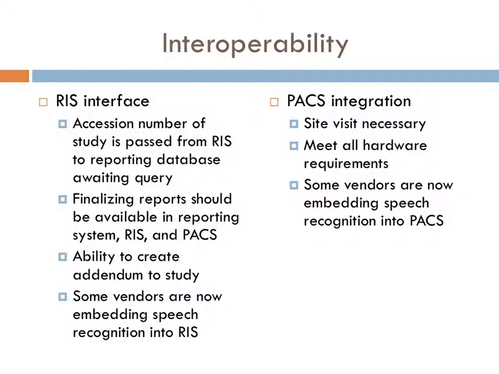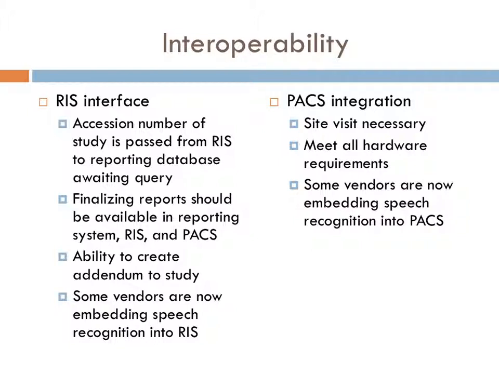The accession number of the study is passed from RIS to the reporting database, awaiting query when reporting is opened by the radiologist. Report text is passed back to the RIS for archiving and distribution to the PACS, the EMR, and the ordering provider. Finalized reports should be made available in the reporting system, the RIS, and the PACS.